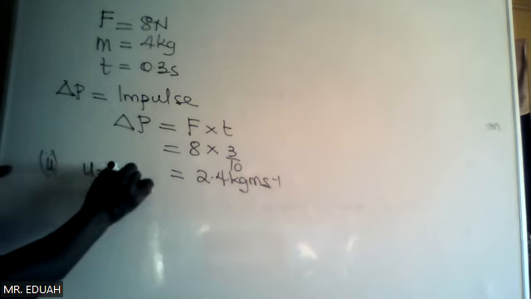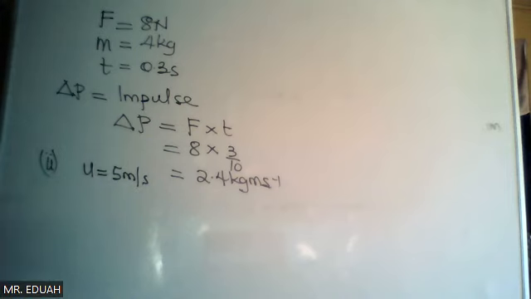The formula: force is equal to change in momentum over time. Force is 8 Newton, so 8 is equal to, the mass is 4 kilograms, 4 times the final velocity, which we do not know, minus 4 times the initial velocity, which is 5. And that will give us 20.